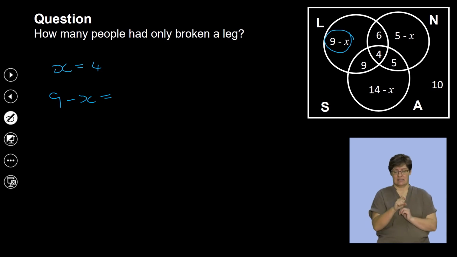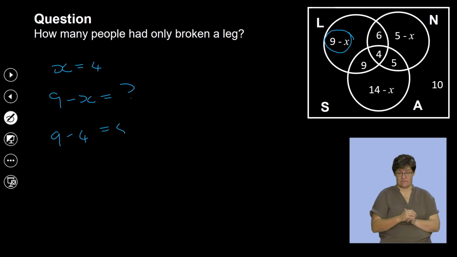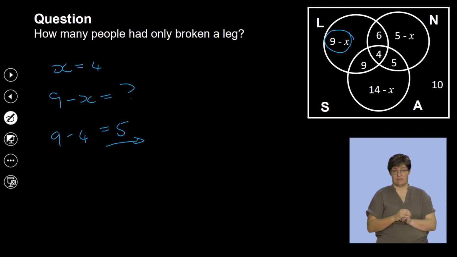Well, that's simply 9 minus 4, so that's going to be 5. So the people that have only broken a leg would be 5. And in the same way, you could calculate all the others of those that had only broken one thing.